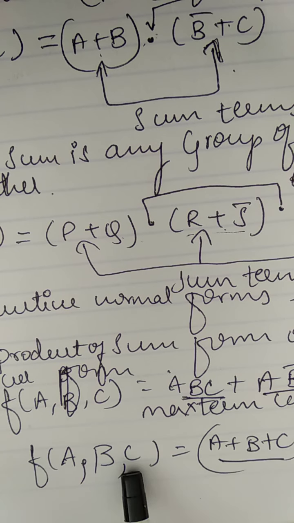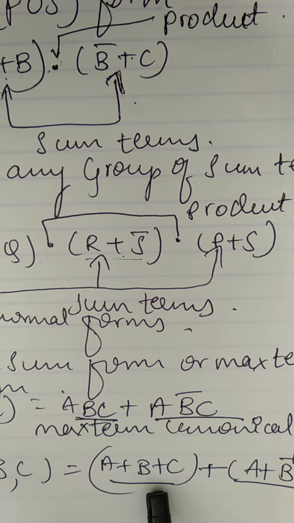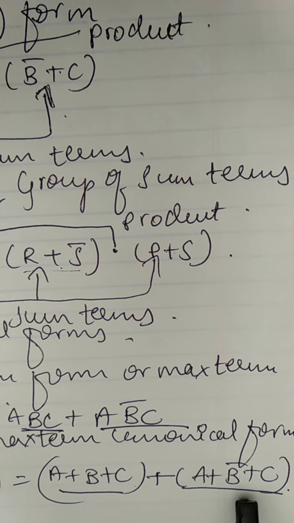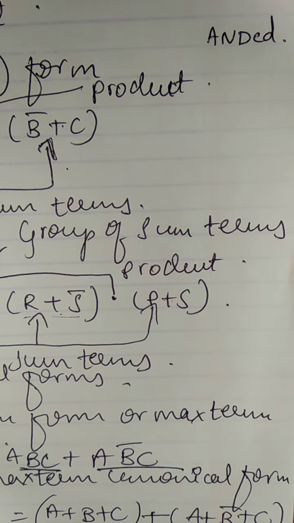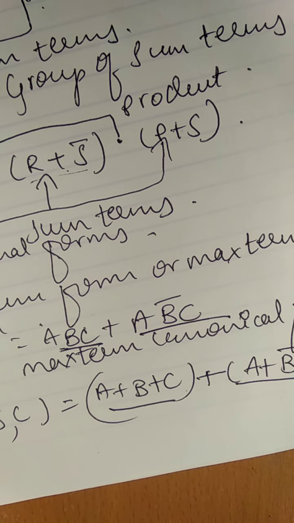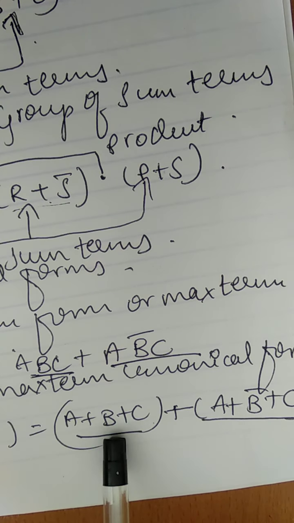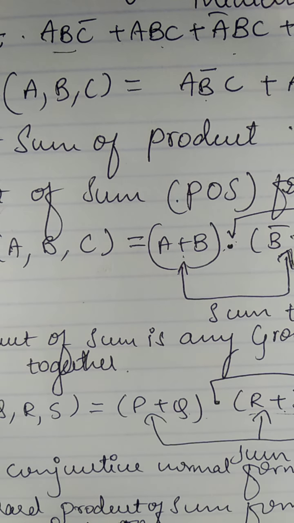For example, f(a,b,c) = (a+b+c)(a+b'+c). Each sum term consists of all the literals, whether uncomplemented or complemented. So this is regarding the product of sum and standard product of sum.